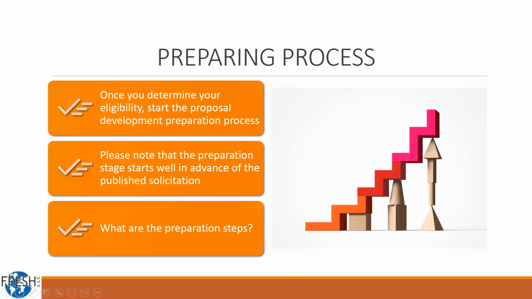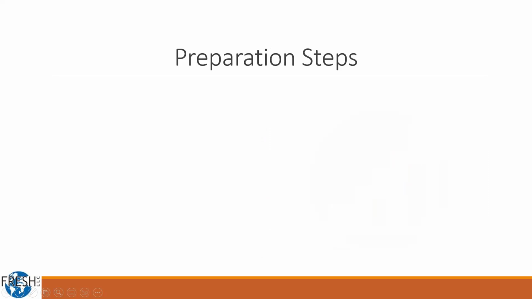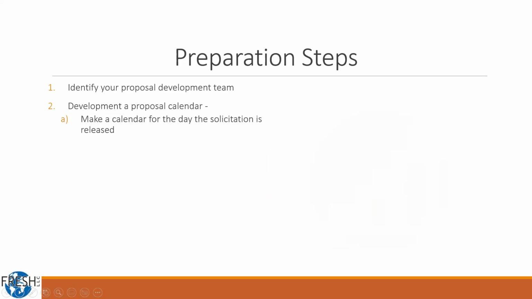So what are the preparation steps? The preparation steps: identify your proposal development team. Develop a proposal calendar, make a calendar for the day the solicitation is released. You want to have those steps in place.